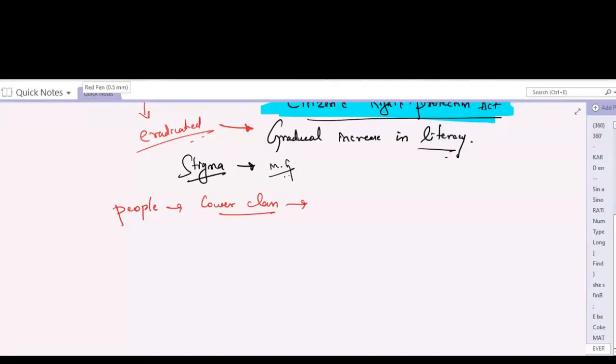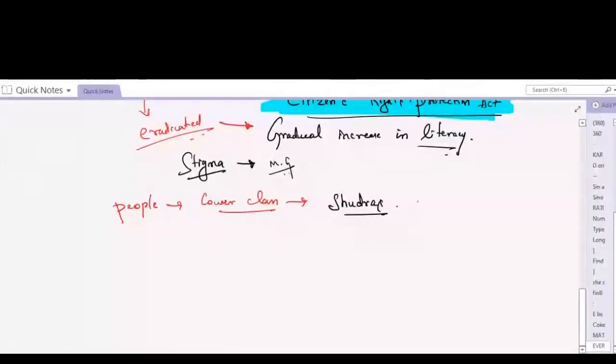See, now we use this word. Can you tell me the previous ancient word? People belonging to lower class, or Shudra. Untouchables. Okay, the important name is Shudra. Understood?